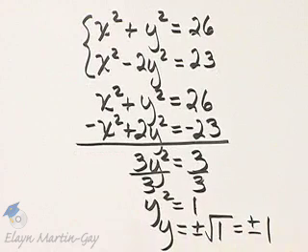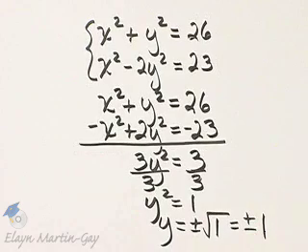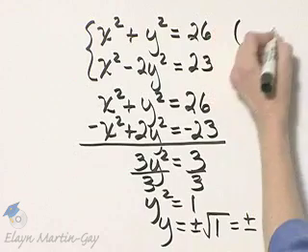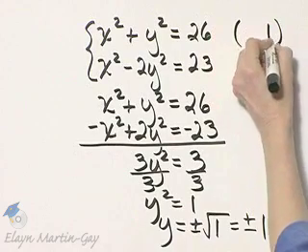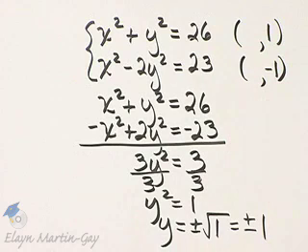So thus far, it looks like we have 2 points of intersection, one with a y value of +1 and one with a y value of -1. So thus far, we have a y value of 1 and we have a y value of -1.